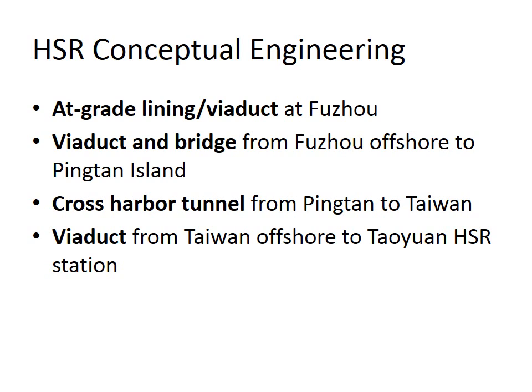From Fuzhou to Pingtan Island, there will be viaduct and some cable bridge. And from Pingtan Island to Taiwan, there will be a long cross-harbor tunnel proposed. After the high-speed railway reaches Taiwan Island, there will be a viaduct from the offshore to the Taoyuan high-speed rail station.